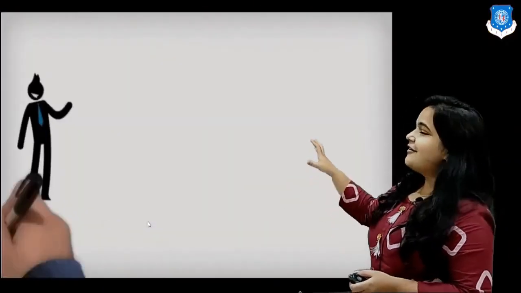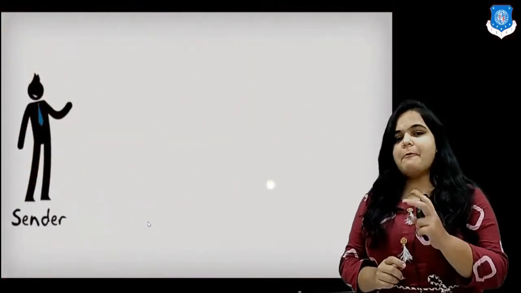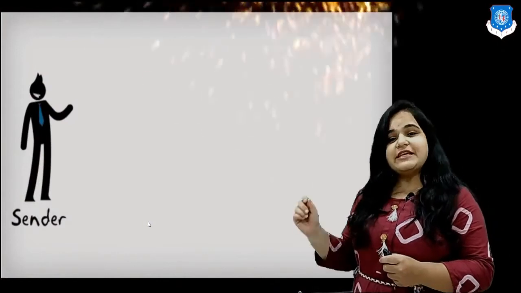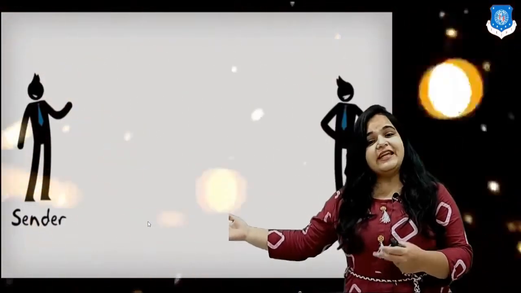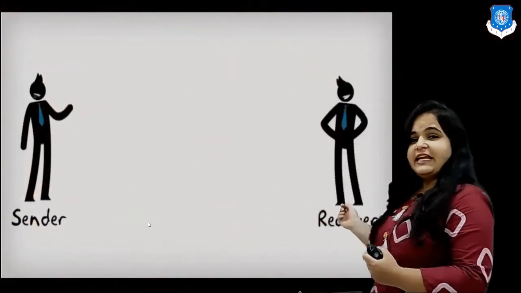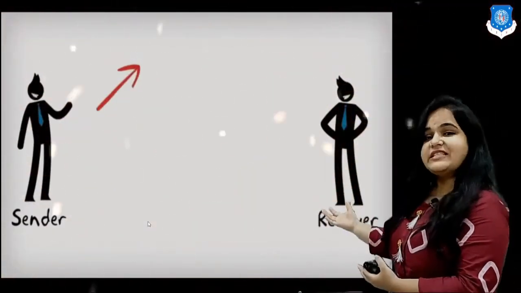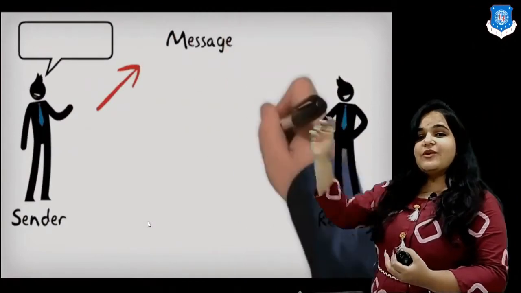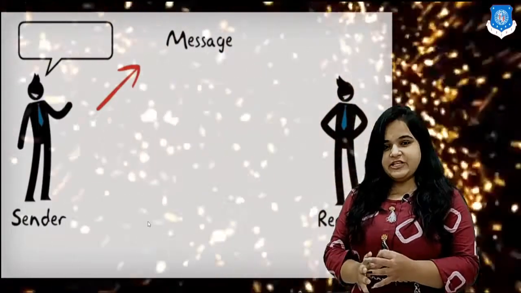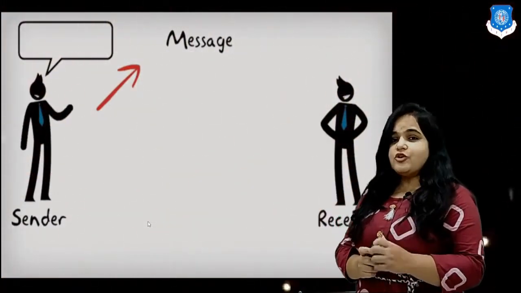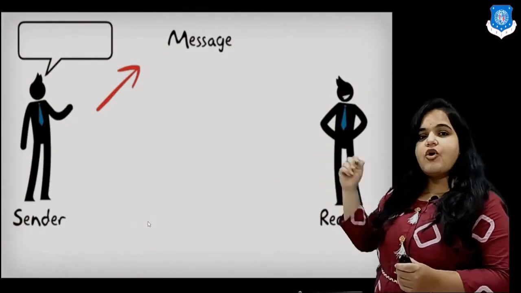Here we have the communication process where there are two basic entities. Firstly, we have the sender who is trying to send some message. Secondly, we have the receiver to whom the sender is trying to send this message. The sender wants to send some message, for which obviously he or she would need a channel or a medium.